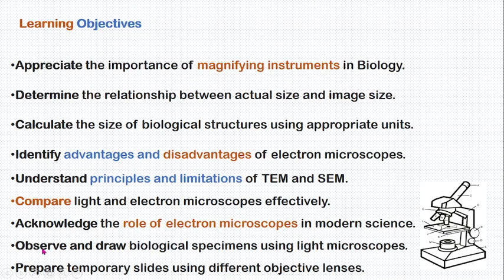Also be able to observe and draw biological specimens using a light microscope, and prepare temporary slides using different objective lenses. I hope you are understanding. So today you have the learning objectives, which are not many. I encourage you to have a pen and a notebook, sit down, then follow.